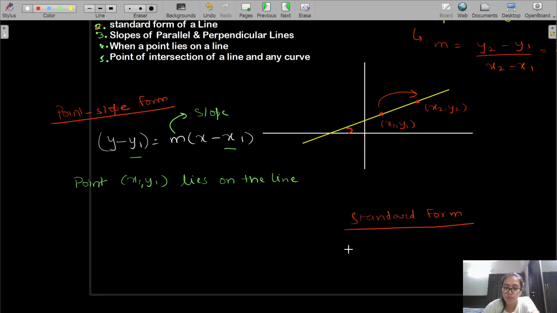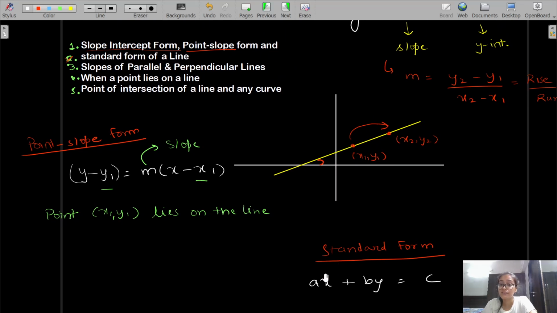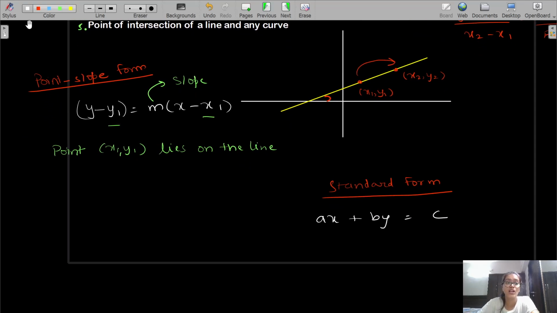The standard form is given by ax plus by equals c. There's nothing much that we can tell about a and b, but one very useful piece of information that you can get from the standard form is you can actually get the slope of the line by looking at the standard form.